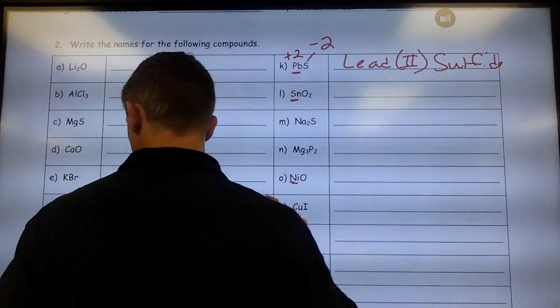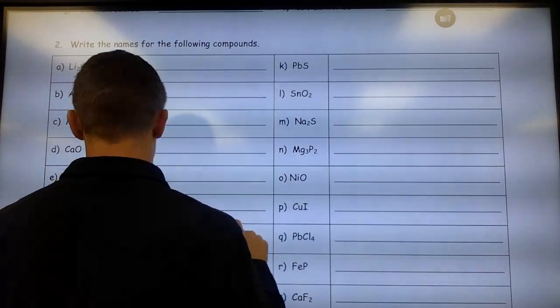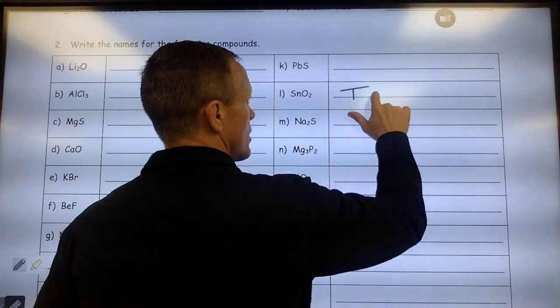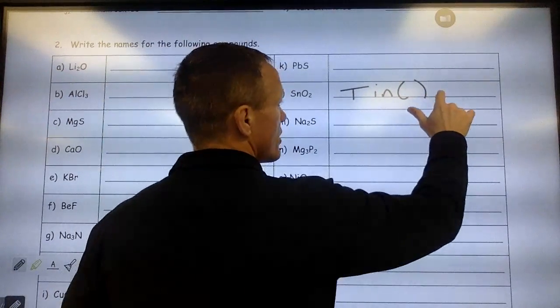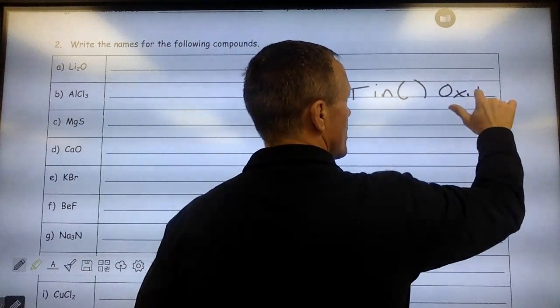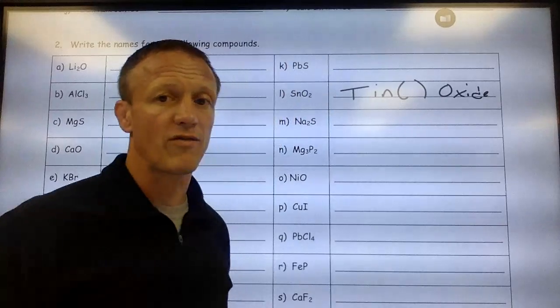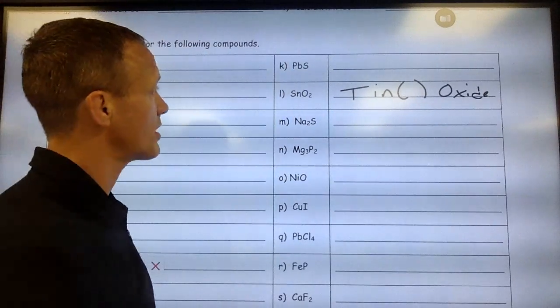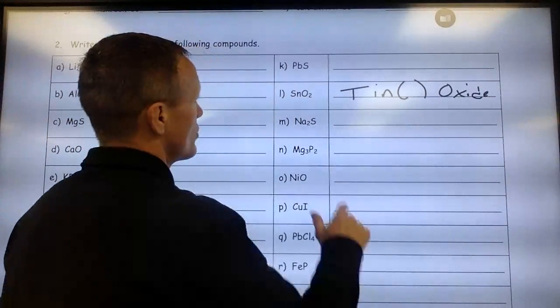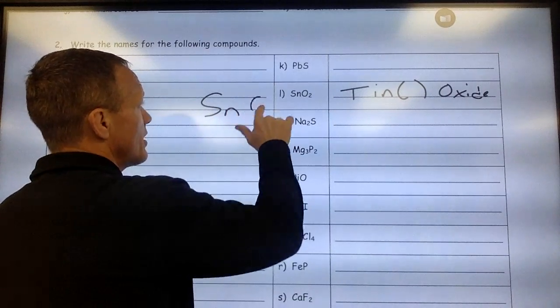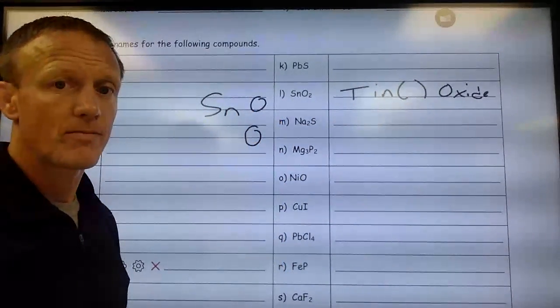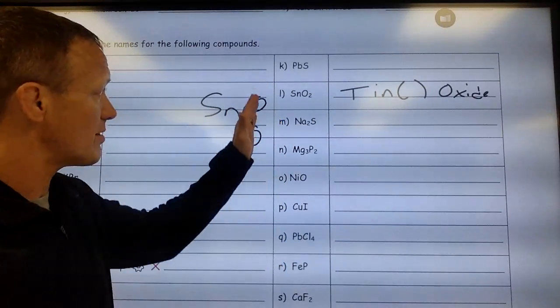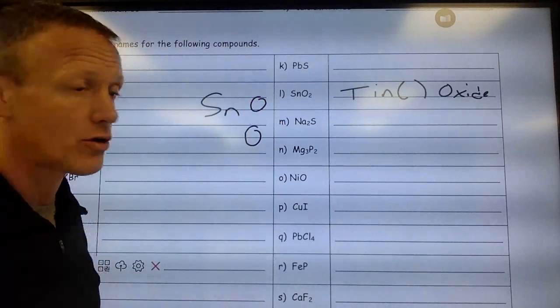SnO2. So Sn is tin. Put my parentheses in there. Again, tin needs a Roman numeral because it forms multiple charges. Oxygen becomes oxide. So here we have 1 tin and 2 oxygens. We need to look up the charge on the nonmetal because oxygen's charge is always the same.